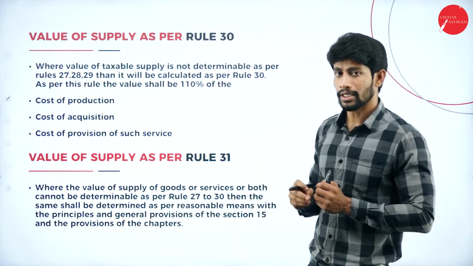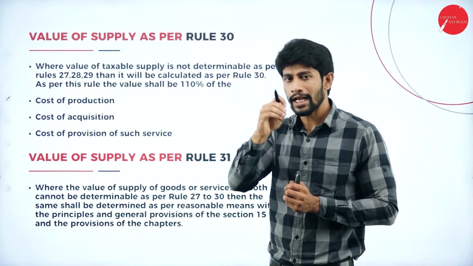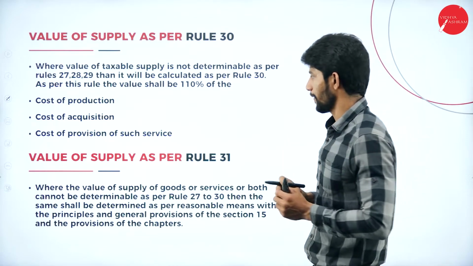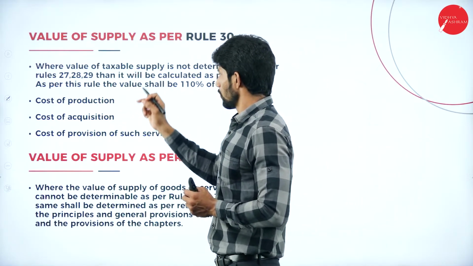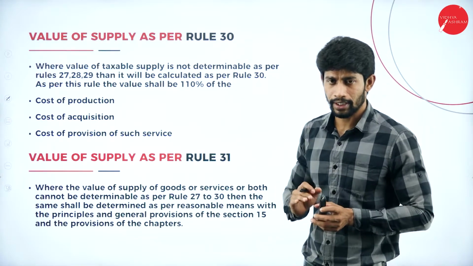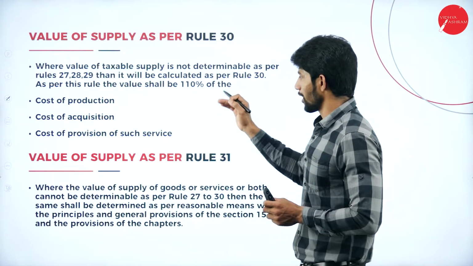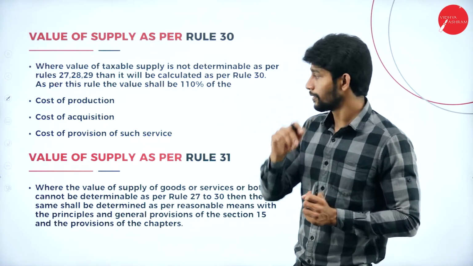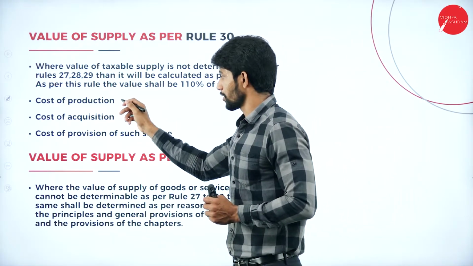Under rule number 30, we are going to calculate the value of taxable supply. As per this rule, the value shall be 110% of the cost of production.